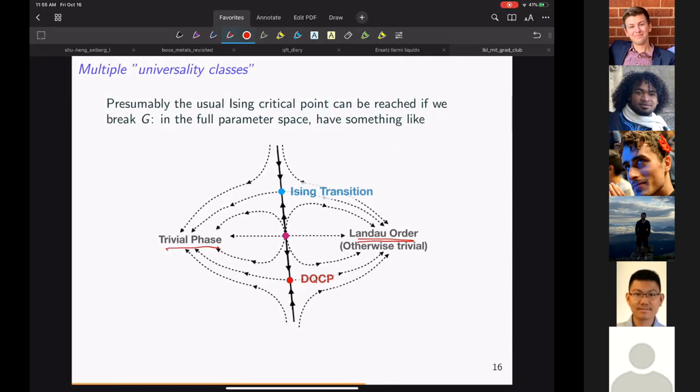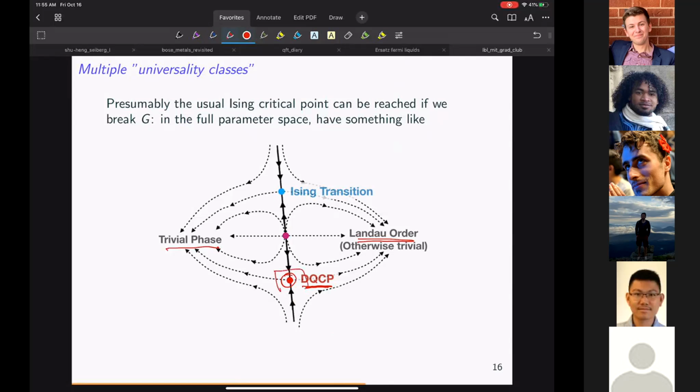The transition that we described was this one here, and we call it a deconfined quantum critical point because it's described in terms of these fermions, which are charged under a gauge group, and so they're fractional for the usual reasons.